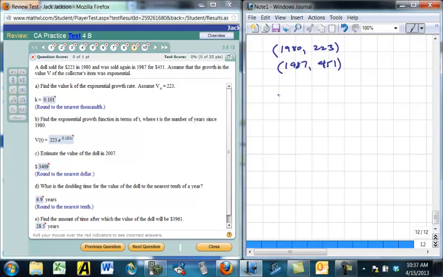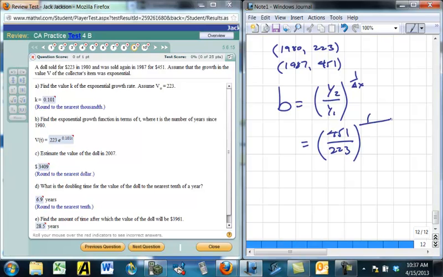So, if this is exponential, I could find the base by the formula (y2 divided by y1) to the power 1 over delta x. y2 is 451, y1 is 223, and delta x is 1987 minus 1980, so that's 7.